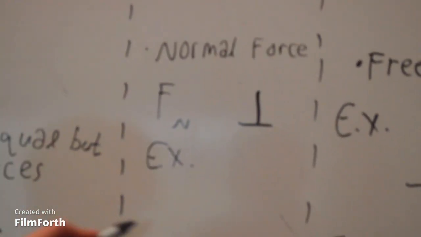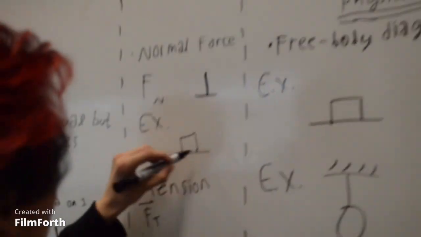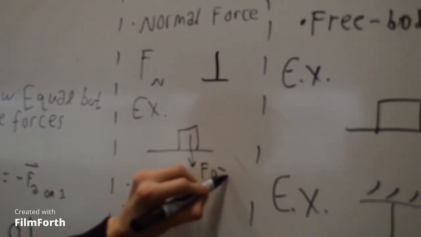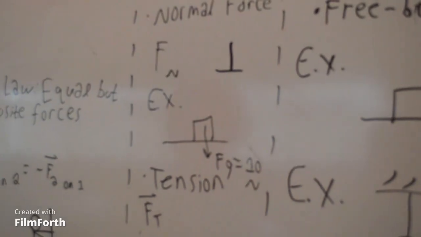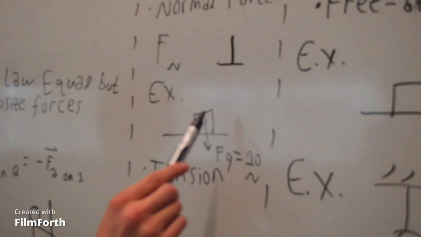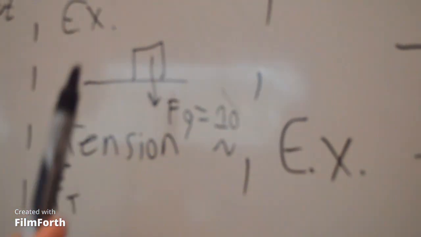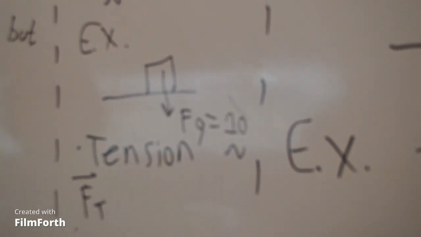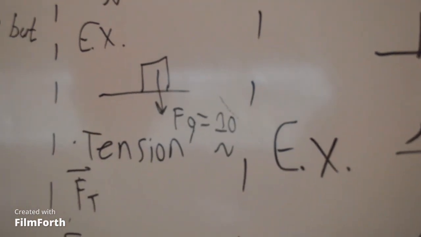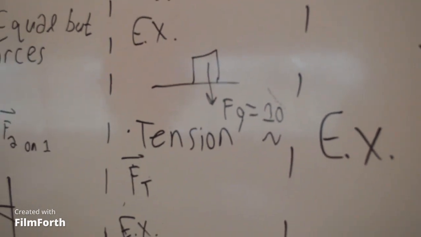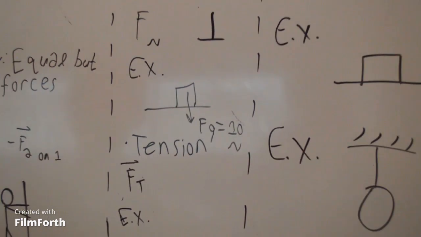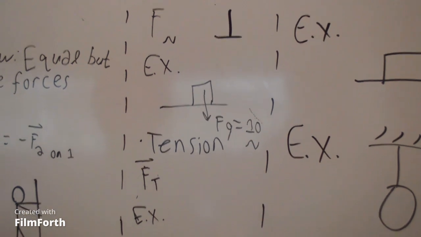So, for example, suppose we have an object which has a gravitational force of 10 newtons, and we were asked to find its normal force. There are two ways of going about this. For starters, you can find the mass of this object, 10 divided by 9.8, and you'll get that the mass is 1.02 kg.